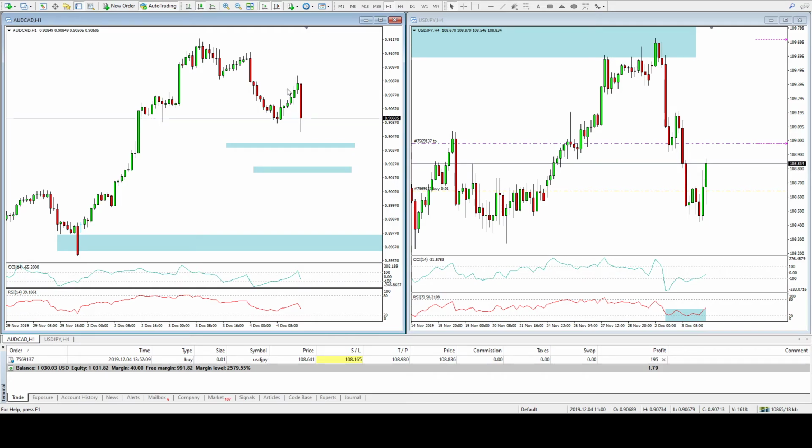It takes care of the mistake I made last night with opening my laptop without closing the charts from the day before, that I ended up taking a bunch of pips off, and then I missed the 120 pips move on pound New Zealand.